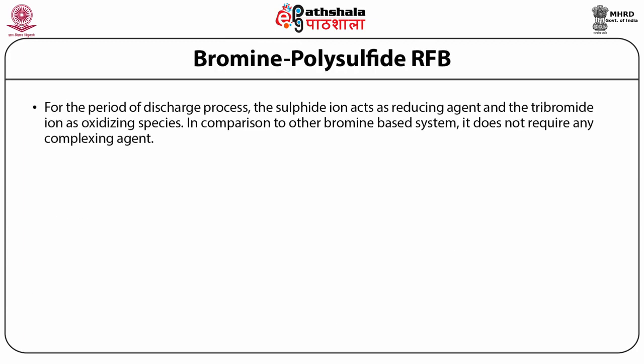During the discharge process, the sulfide ion acts as the reducing agent and the tribromide ion as the oxidizing species. In comparison to other bromine-based systems, it does not require any complexing agent.